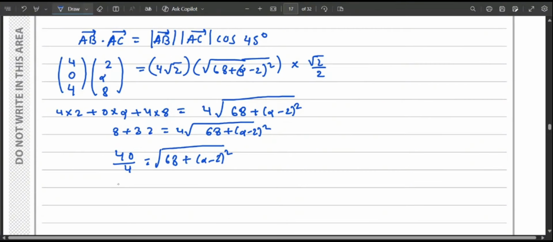We are squaring both sides. This gives us 10 square equals 68 plus alpha minus 2 whole square, or 100 minus 68 equals alpha square. We are expanding alpha minus 2 whole square using the a minus b formula.